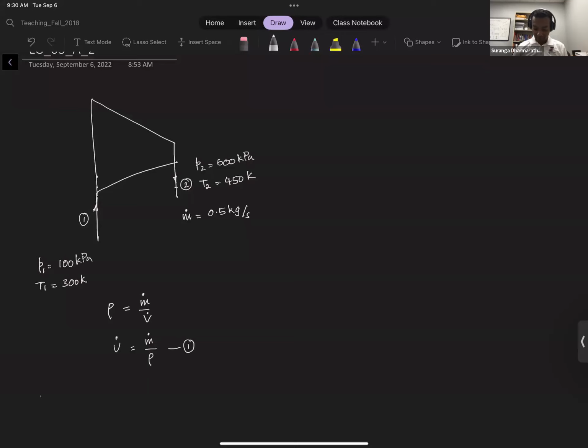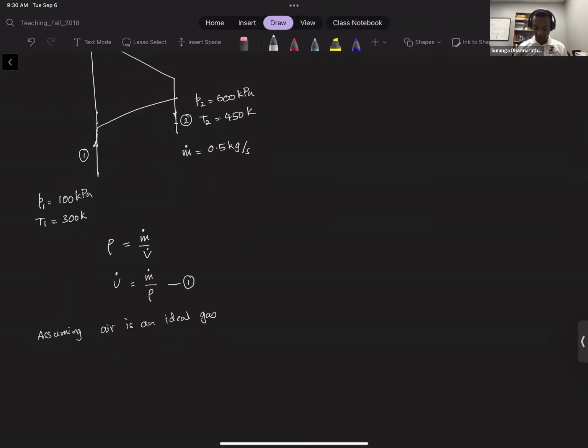Assuming air is an ideal gas, we can write PV equals mRT. P is pressure, V is volume, m is mass, R is gas constant, T is temperature. I can write it like P equals m divided by V times RT.